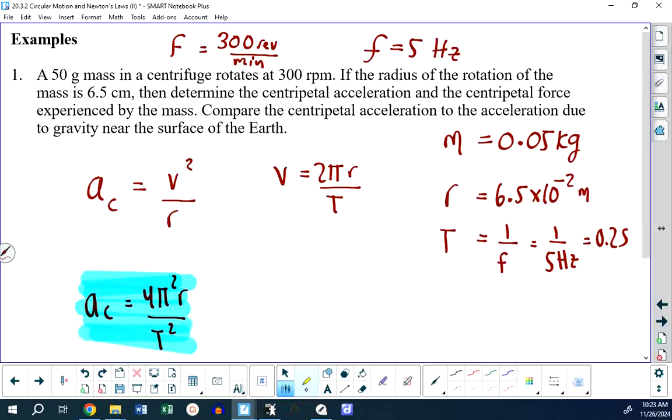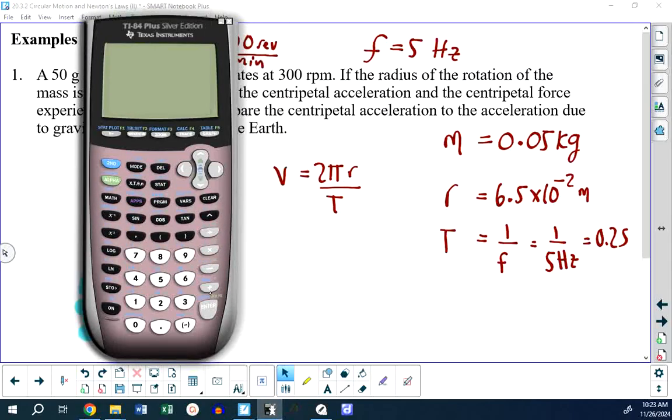I would. Just the way my brain operates, I would use this formula to find the speed, then I would square it and divide it by r. I think at this point in the course, though, using formulas is easy. I'm going to do this on a calculator. I'm not going to write down a whole bunch of stuff. So if you use the blue formula, and given my mistake with division earlier, is this correct, 0.2?